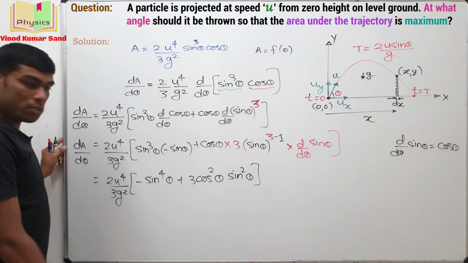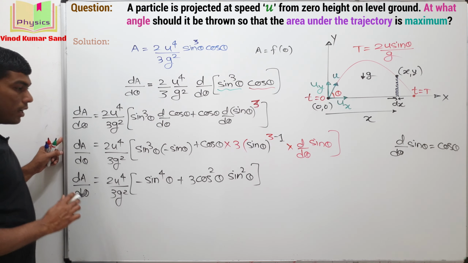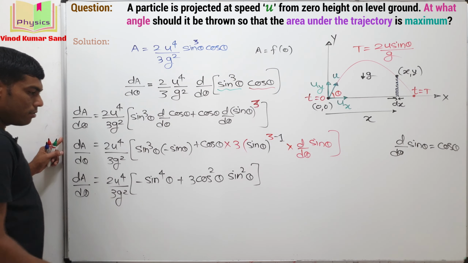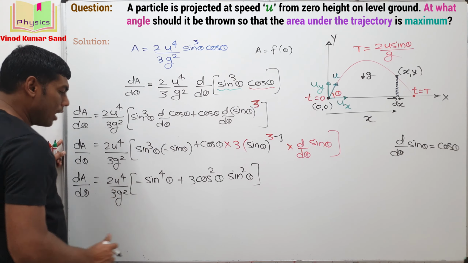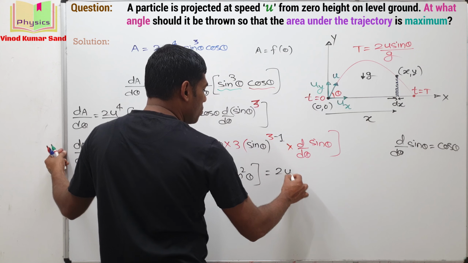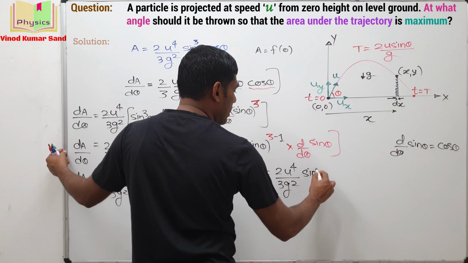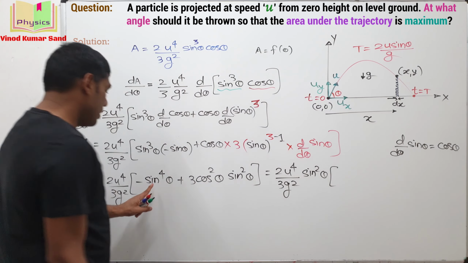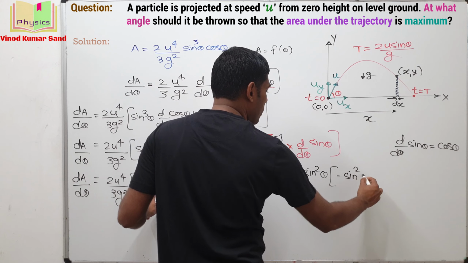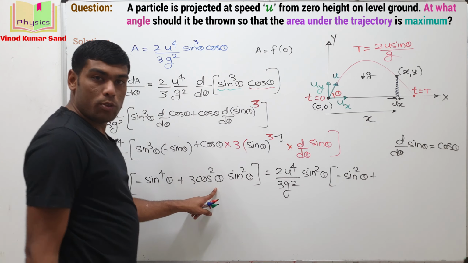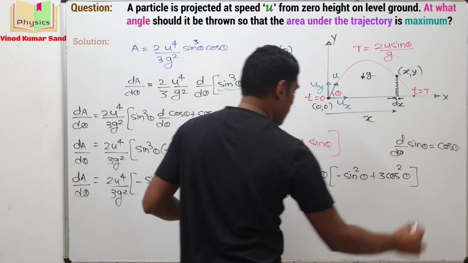Is it okay for everyone? This is dA by d theta. We can simplify this further. Sine square theta can be taken common outside. So we are left with 2u to power 4 by 3g square sine square theta. Then in this term we are left with minus sine square theta and in this term we are left with plus 3 cos square theta.